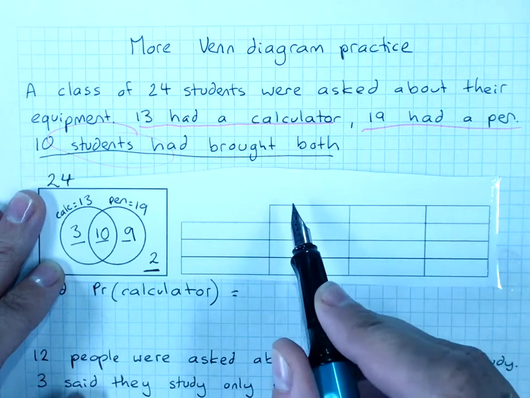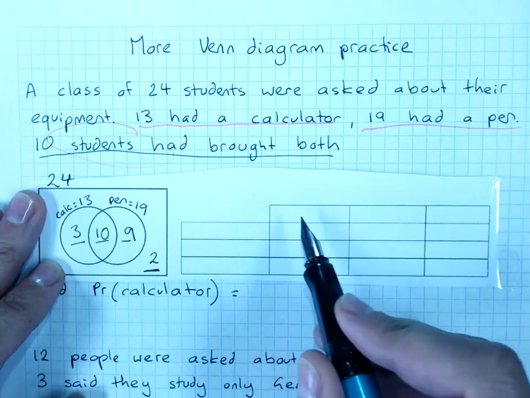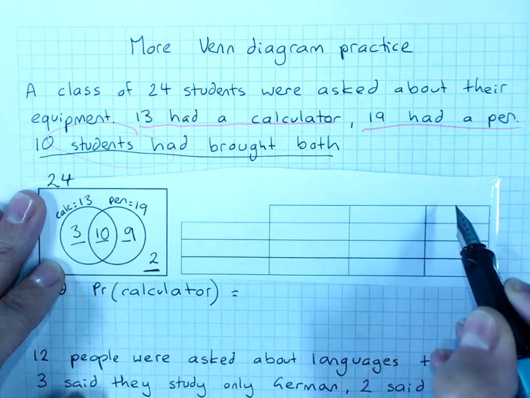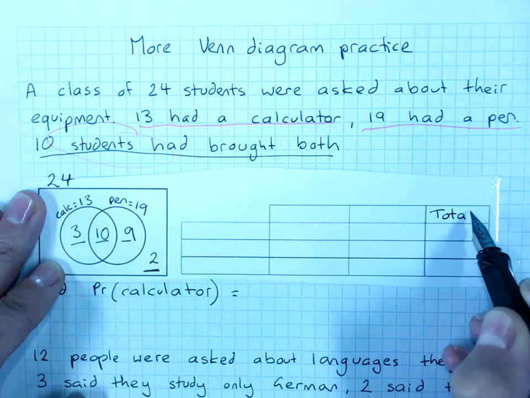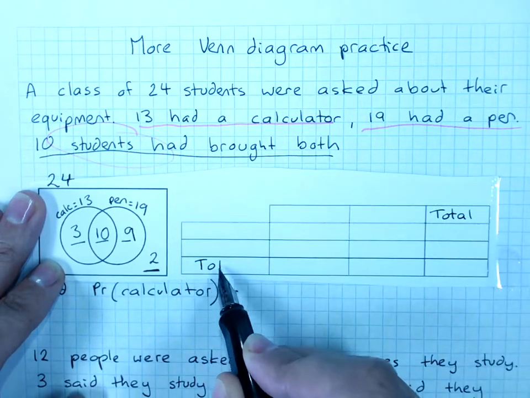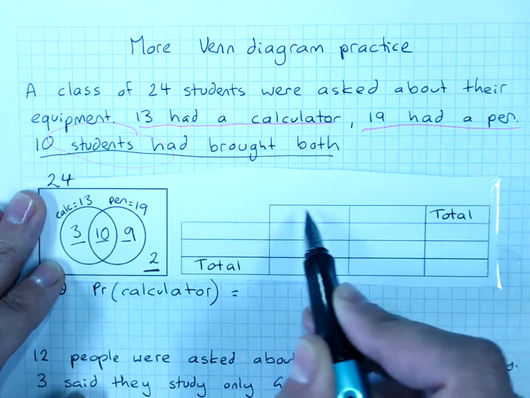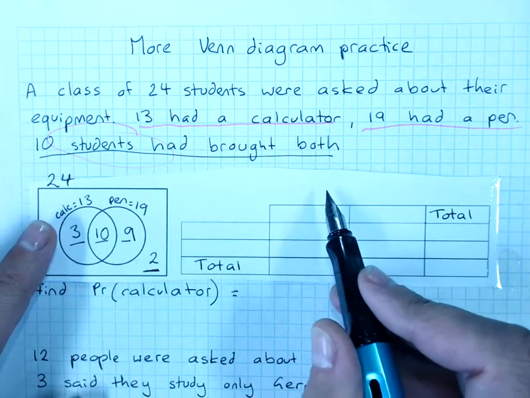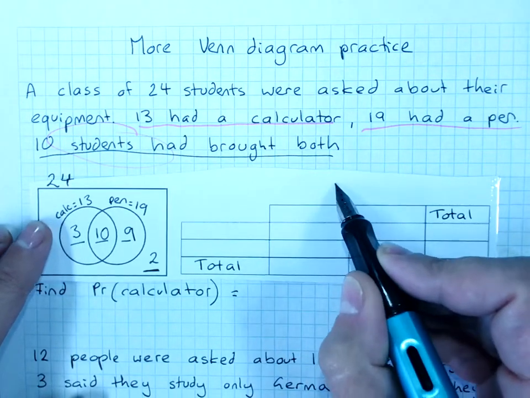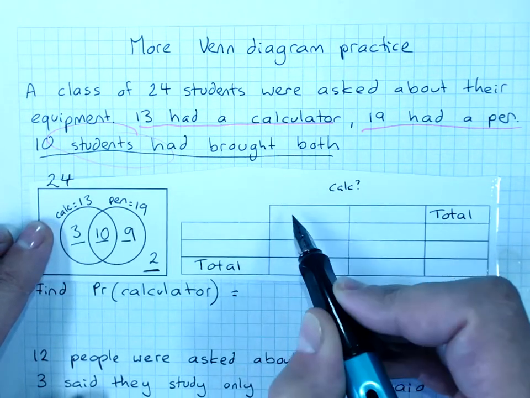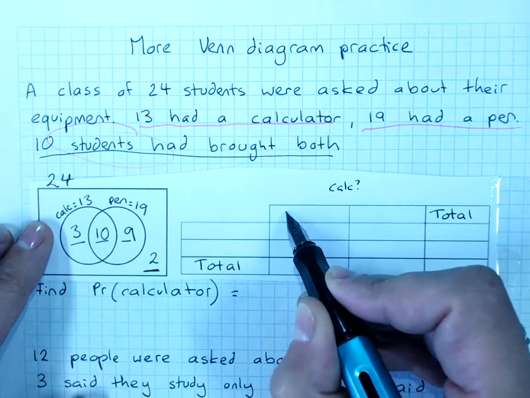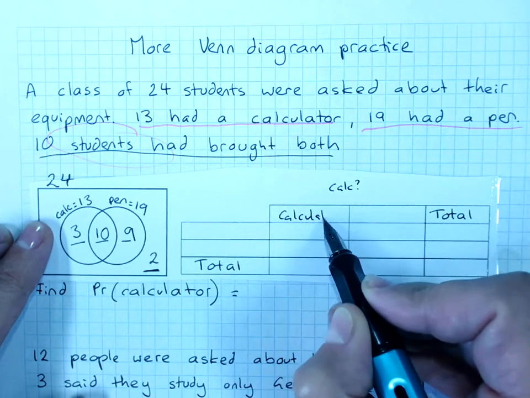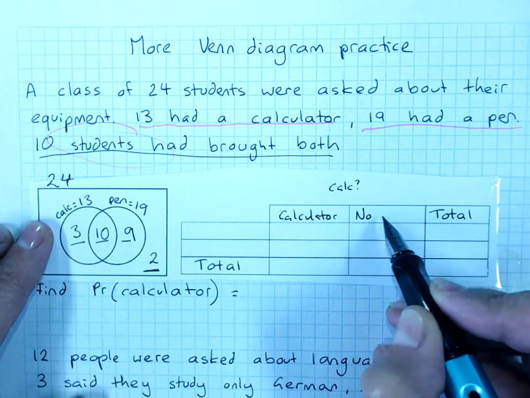The two-way table, the totals go out here. These 2 column headings get the answer to the first question, which was basically calculator, yes and no. So yes, they had a calculator, or no, they didn't.